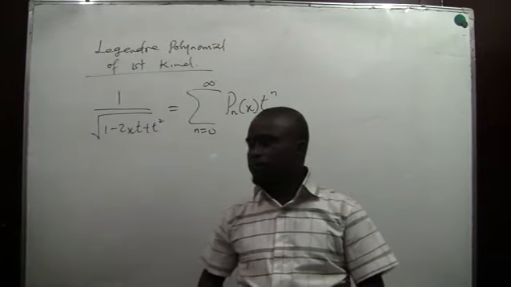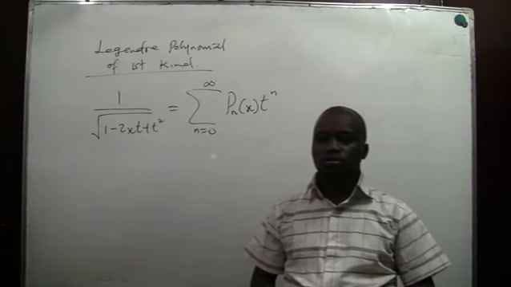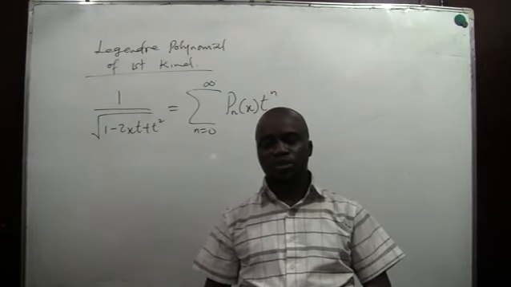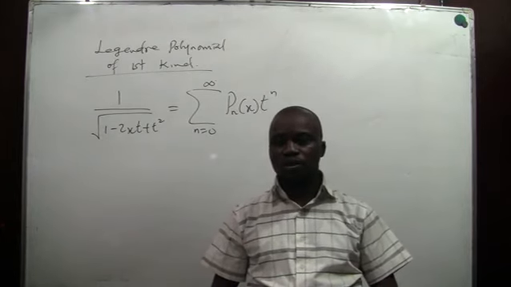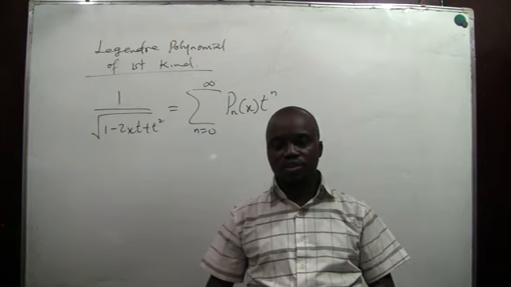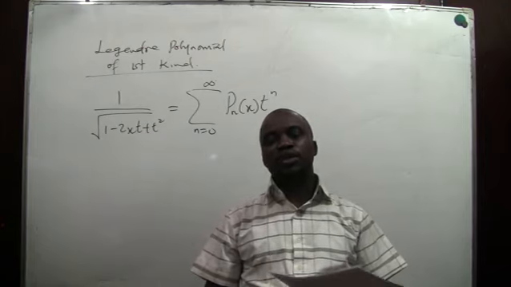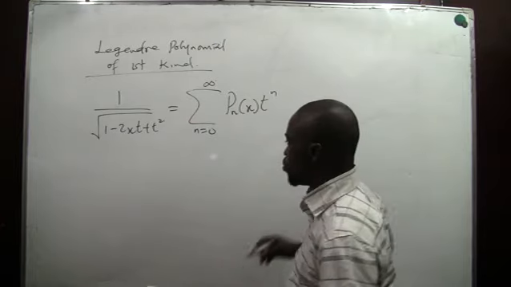We used the equation on the board to establish some recurrence relations. We also looked at one of the very useful properties of Legendre polynomial of first kind, which is the orthogonality property.